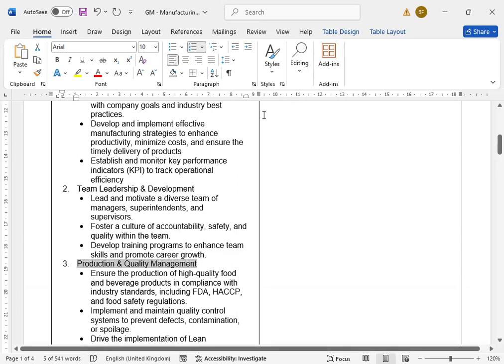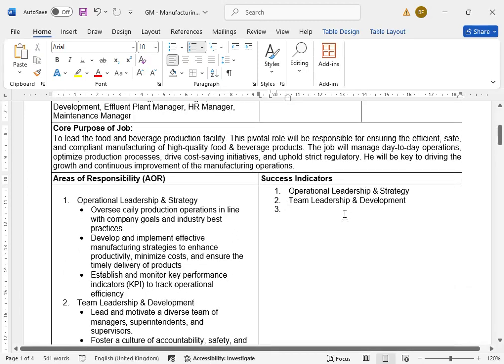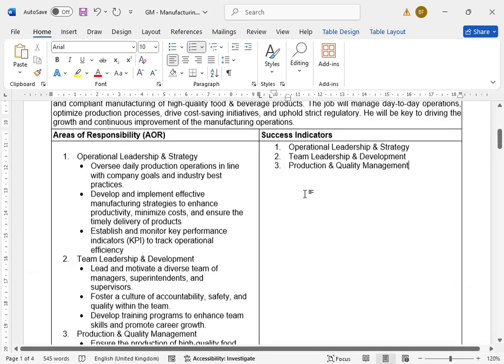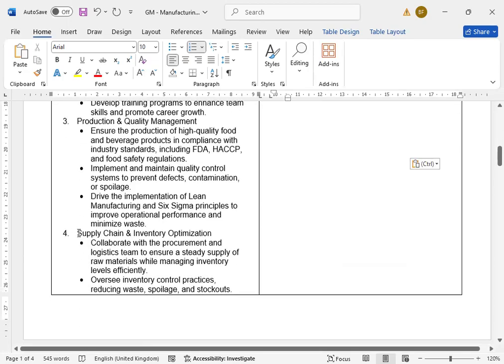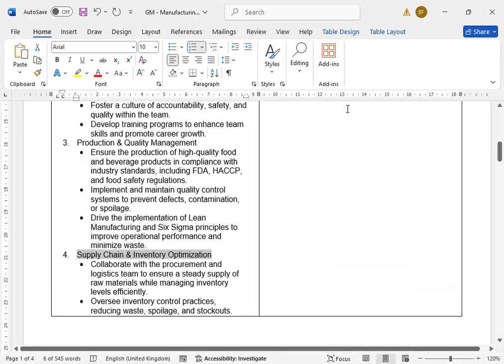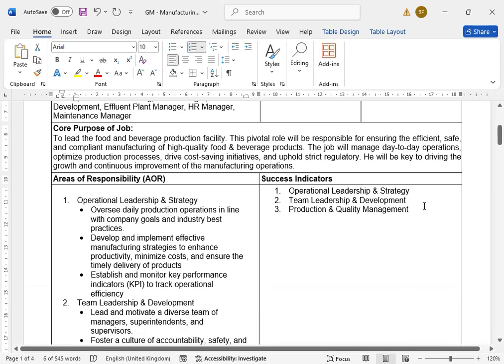Copy it. Production. Paste. Then I'm going to copy number four, supply chain and inventory optimization. Control C. That is for number four.